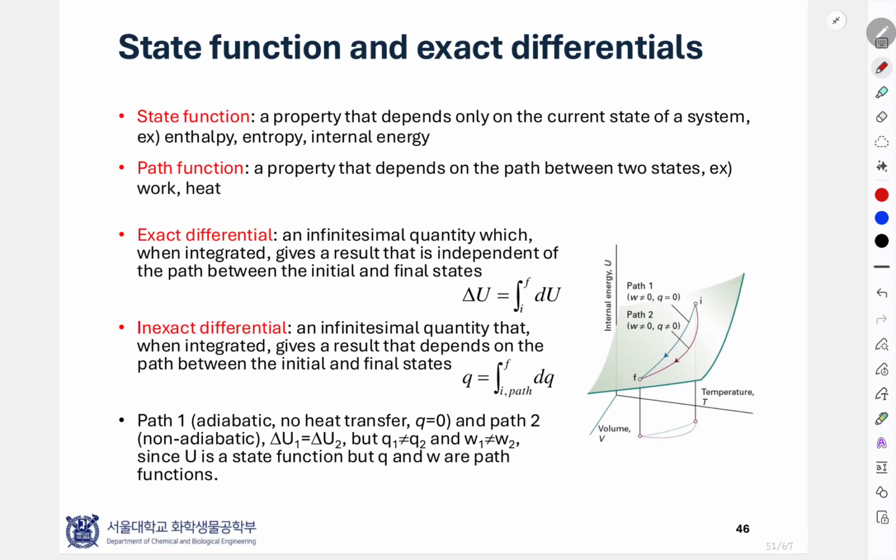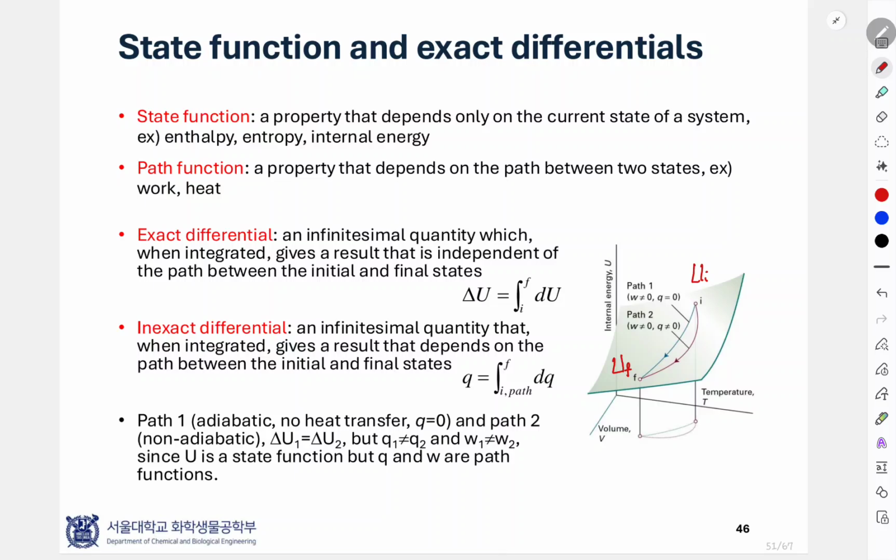Let's see the second path here, where the initial and the final state are the same as those in the first one, but the expansion is not adiabatic, so Q is not 0. So here work is not 0, Q is also not 0, but the initial and the final state are the same. So the internal energy of both initial and final are the same, but work and heat are different since they are path functions.